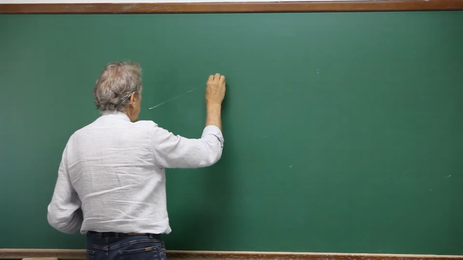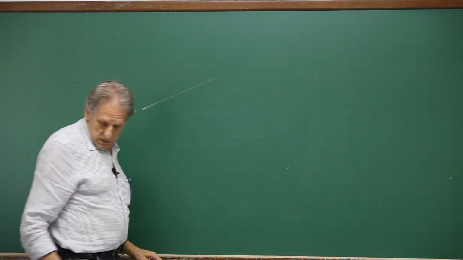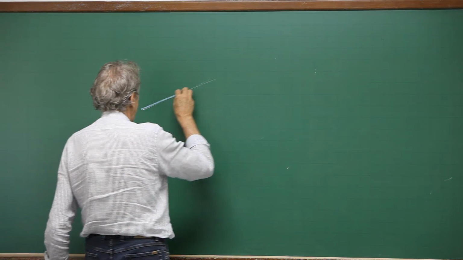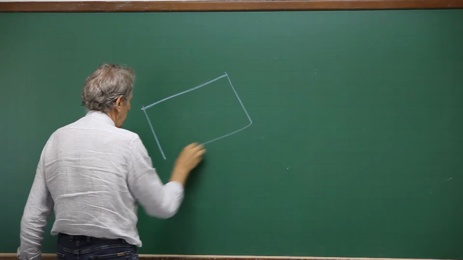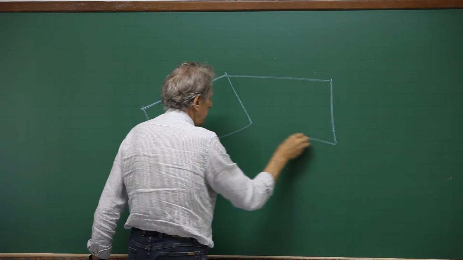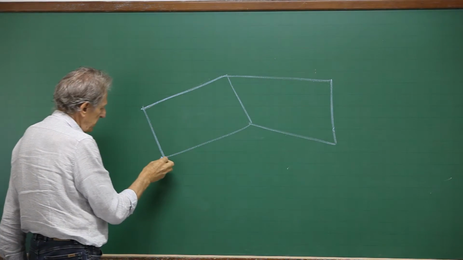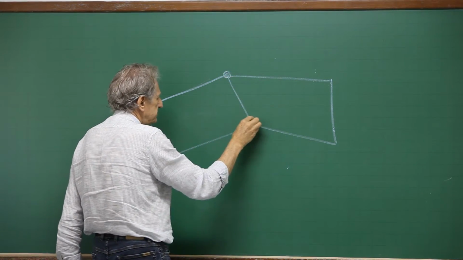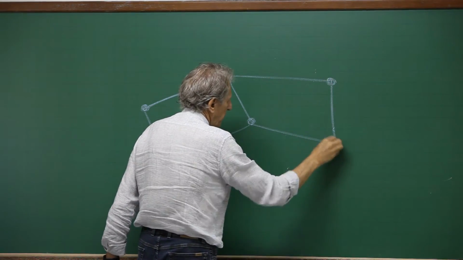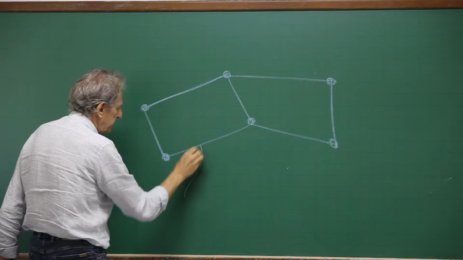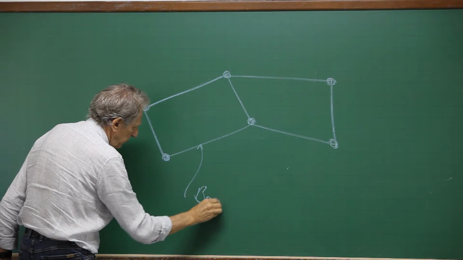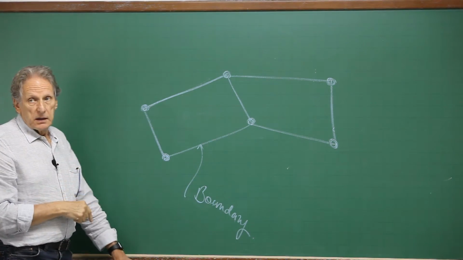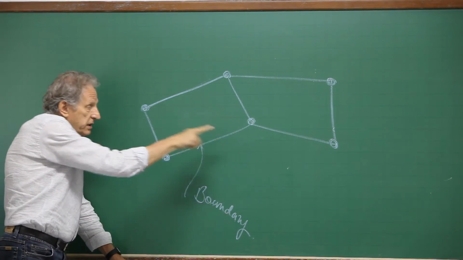I will reproduce that picture. So if this is our grid, our unknowns are here. If this is the boundary, conditions are known here.